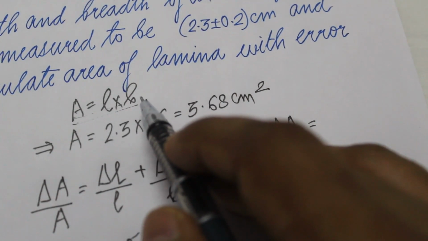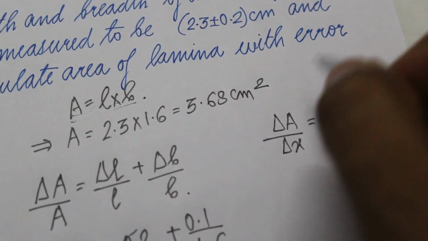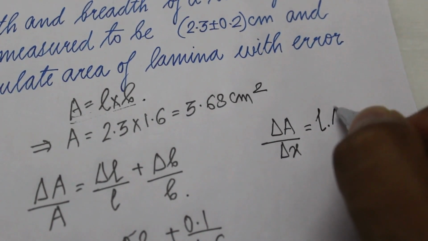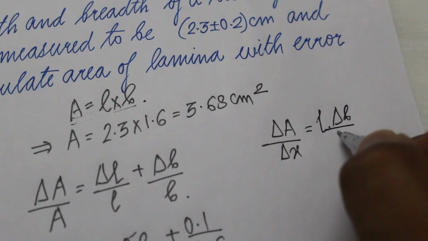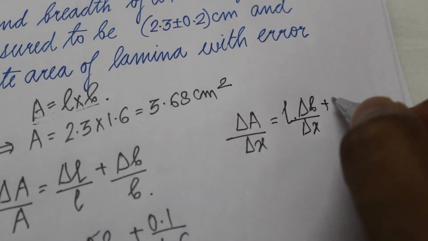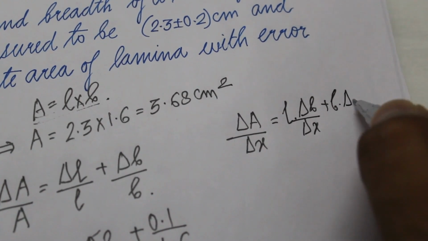What is the differentiation of U into V? First take U as constant, differentiate the second thing, plus take the second thing as constant and differentiate the first quantity.